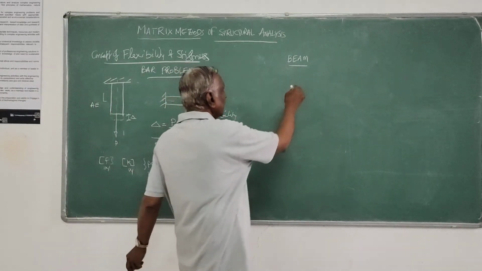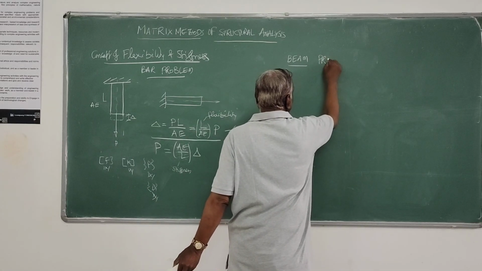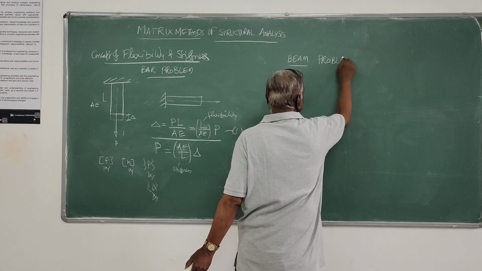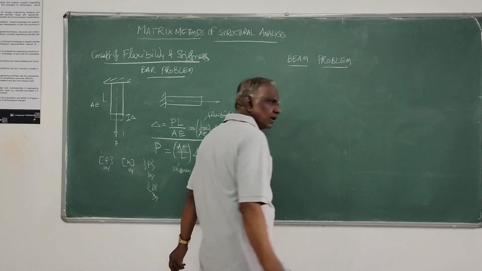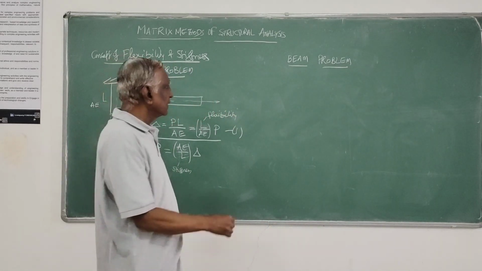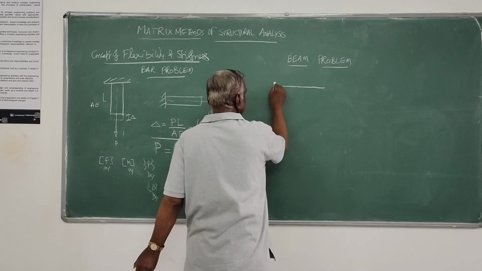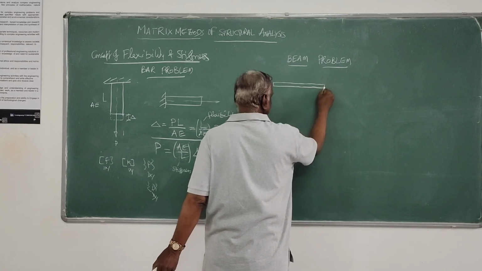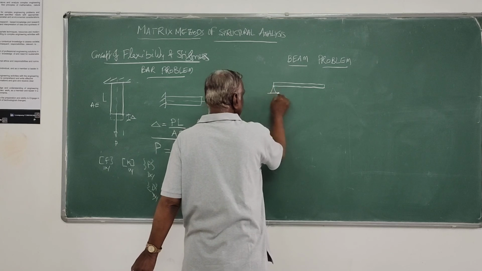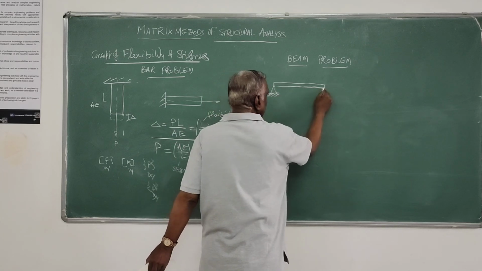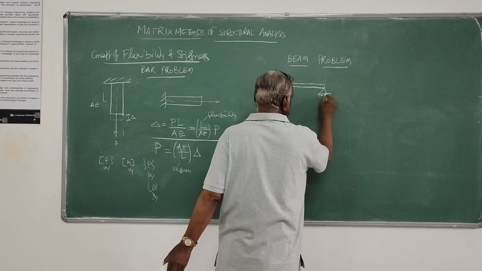Now we take a beam problem and we derive the stiffness and flexibility coefficients for that. So you consider a beam element like this, which is subjected to the end moments.